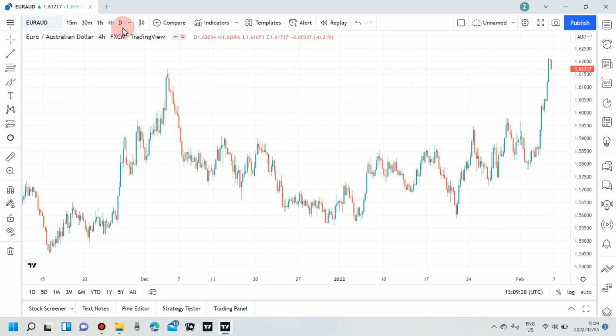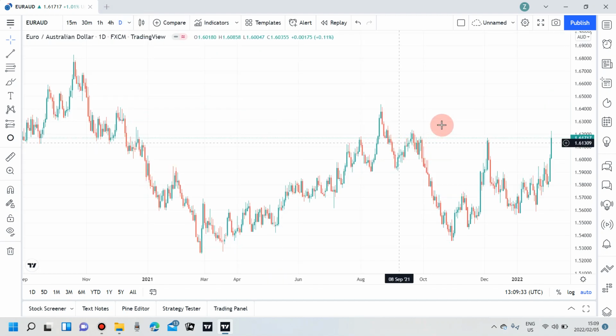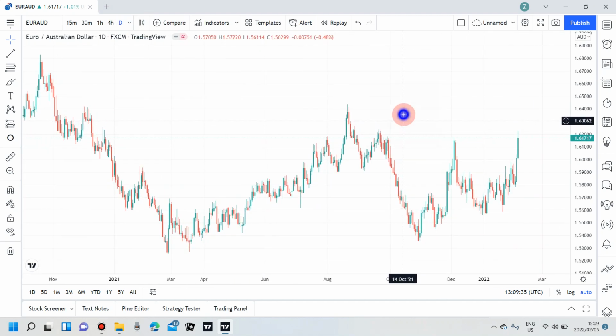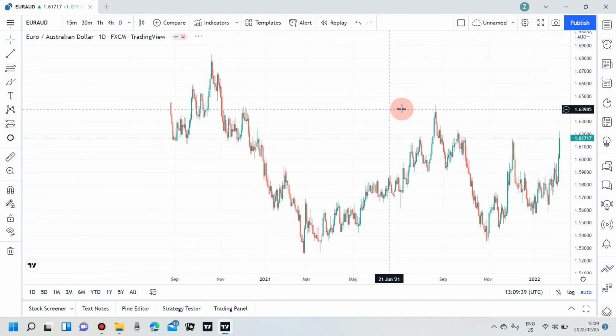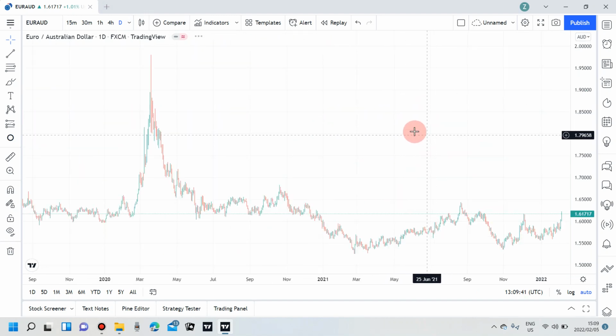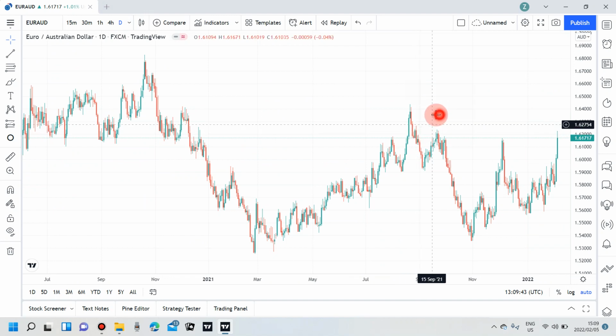So what you want to do is to start from a higher time frame, right? Higher time frame. You would want to zoom out and see the overall momentum of the market.